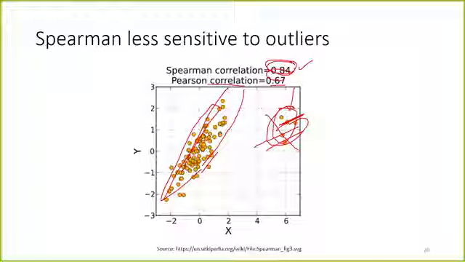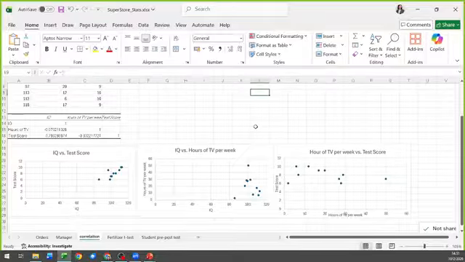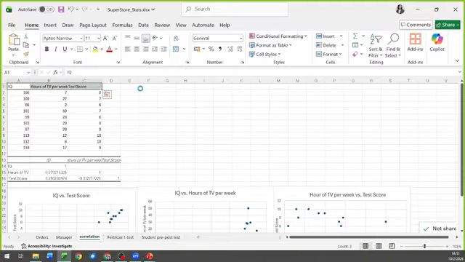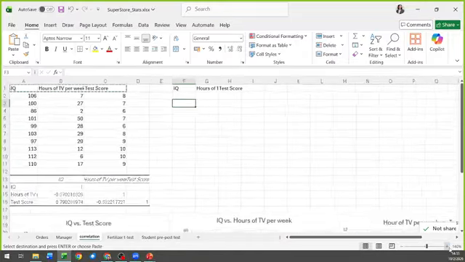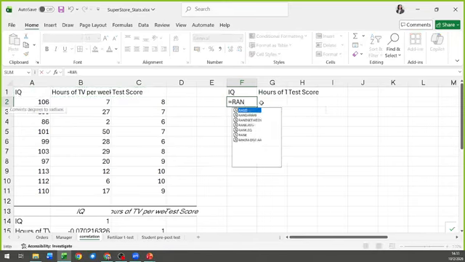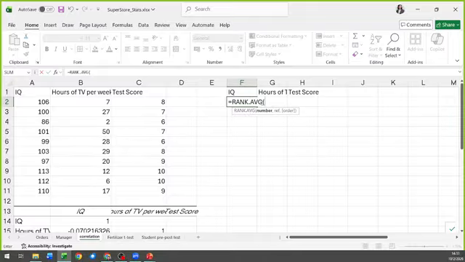Now let's make Spearman ranks for our TV hours and IQ. Can we do that? First, we convert to rank. Let me copy the label here, and then I will input the formula RANK.AVG.